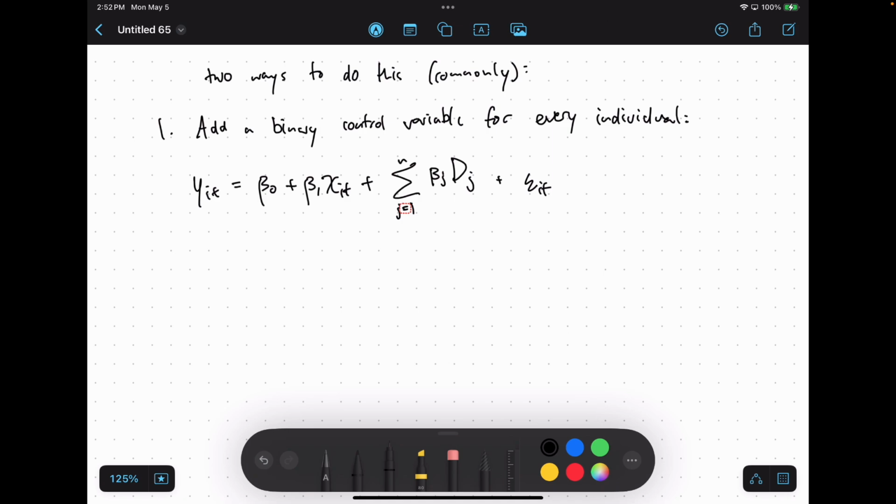So all you're doing is adding in a dummy variable for every individual. And you'll notice that that doesn't vary with t.